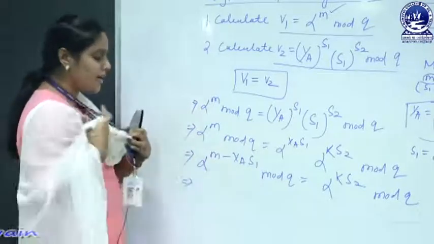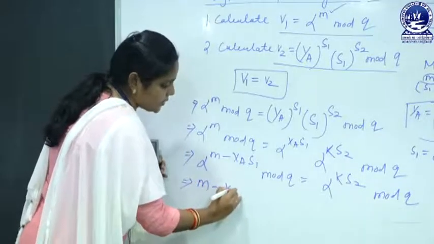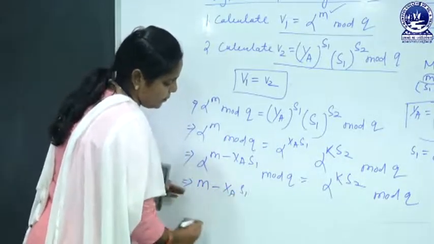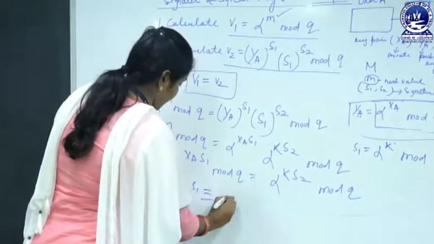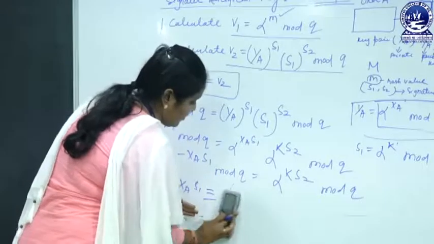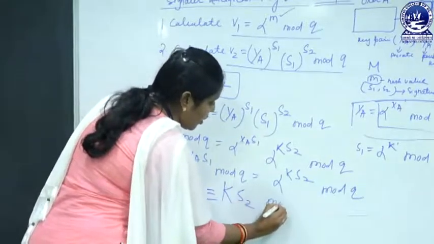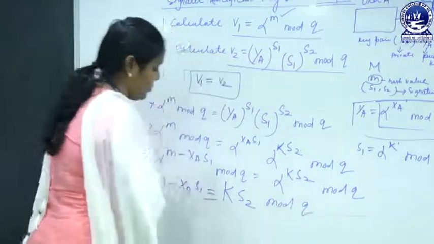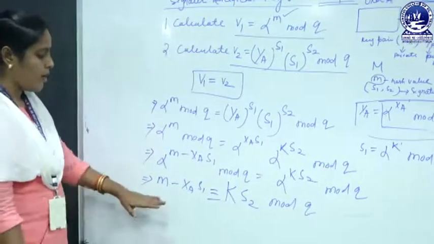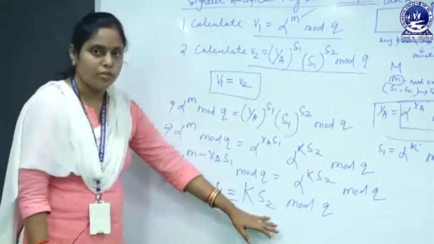so we can remove this base and write it as m minus xa s1 congruent to k s2 mod q. After that, we replace the value of s2.